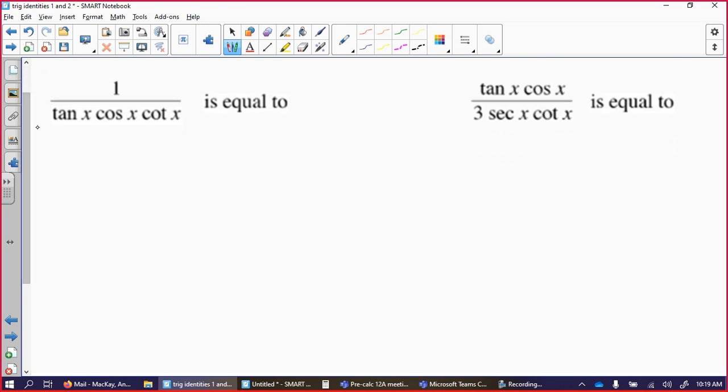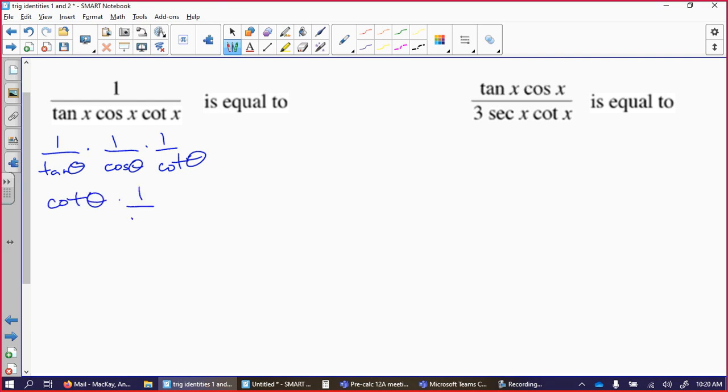I don't like this 1 over, but I can kind of break this into 3 different things because it's a product. One over tan, I'm going to leave the cos alone. But 1 over tan, is this not just cotan?